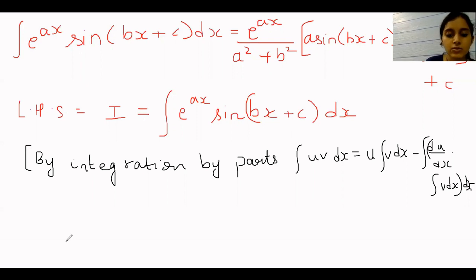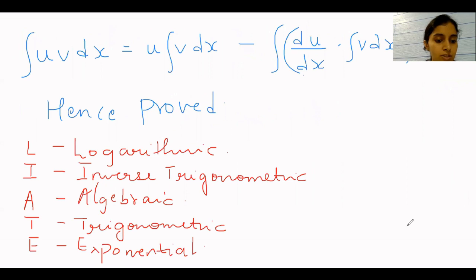So LHS is equal to, or we can say I is equal to, integral uv dx. Now e is an exponential function and sine is a trigonometric function. So what is the rule? Exponential and trigonometric: trigonometric is considered as the first function and exponential is considered as the second function.